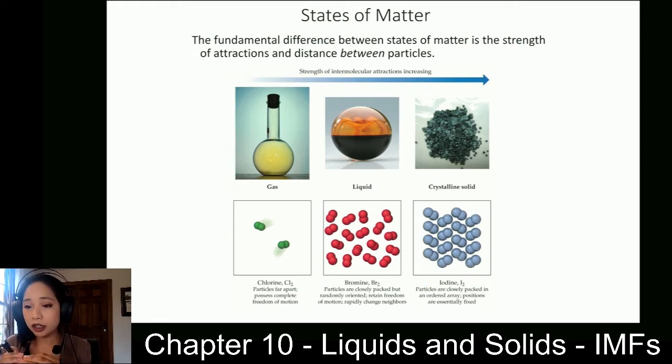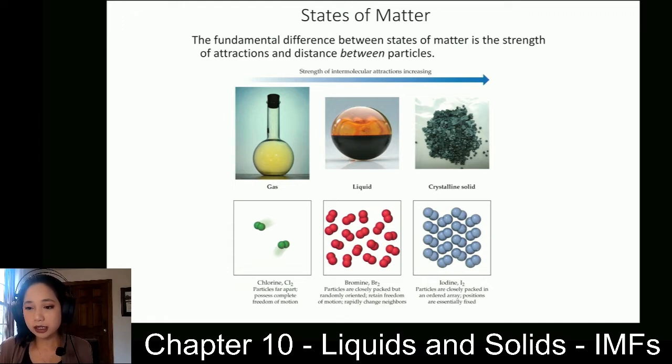In a molecule or in an atom, we know that protons and electrons are held together through electrostatic interactions and sharing of electrons in molecules. Those are intramolecular forces holding atoms together in molecules. Intra means in one molecule.